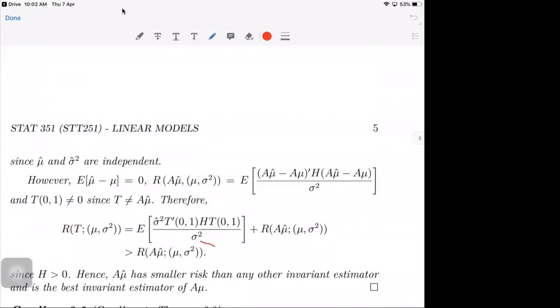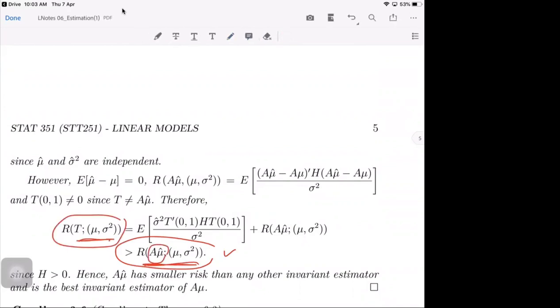So actually we also want to simplify it in terms of the risk function. Because we want the best, we must show that the risk function associated with the competing invariant estimator is greater than the risk function associated with your desired estimator A mu hat.